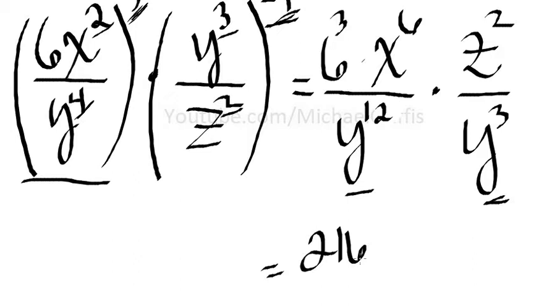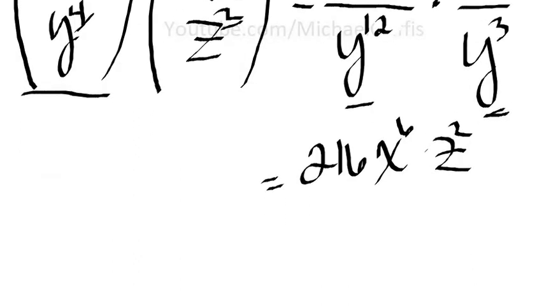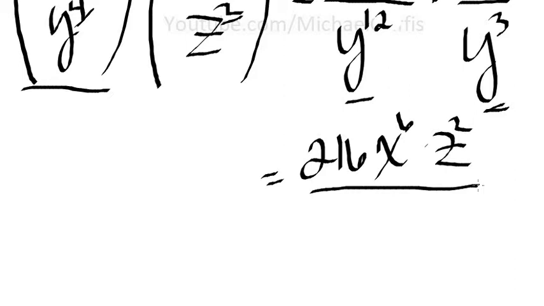There are no x's in the denominator, so we can't cancel any of that out, so we'll rewrite x to the 6th, and z squared, and of course, that's all going to be over y, and we add the exponents because we're multiplying. So that's going to be y to the 15th. How do you like that?